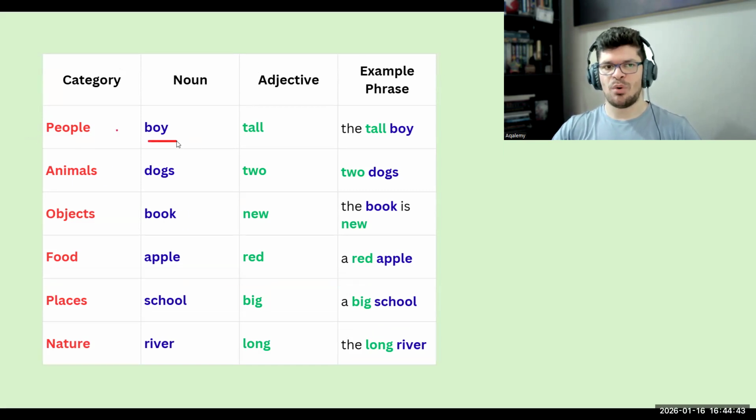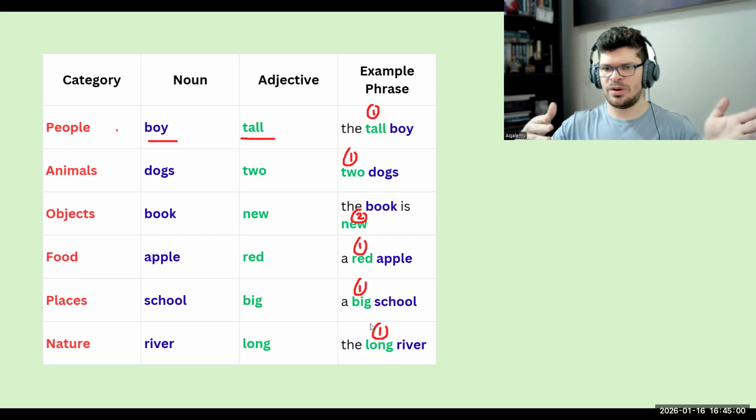People, boy, tall. The tall boy. Can you see adjective first, second in this situation? First. The tall boy, the short boy. You understand? Dogs. I have 2 dogs.